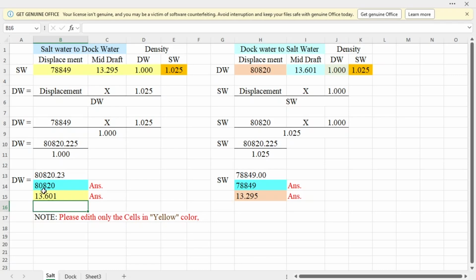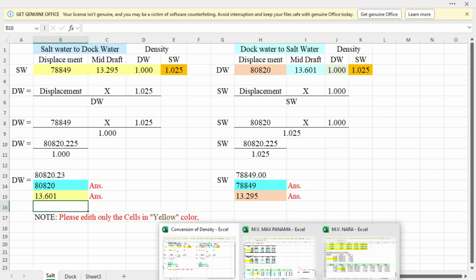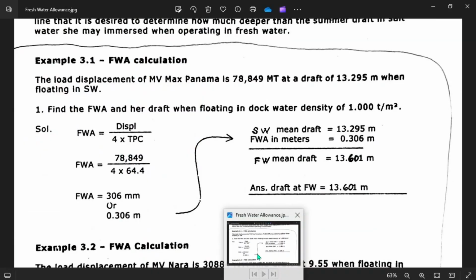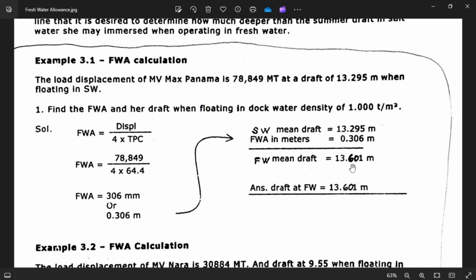The answer will be the displacement in dock water of 80820 and the corresponding draft will be 13.601. Okay, that will be her corresponding draft, which is the same as this one, 13.601.